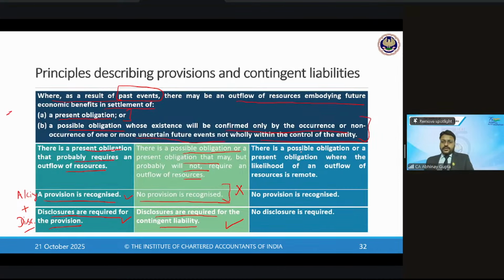And if there is a possible obligation or a present obligation where the outflow is remote, neither the accounting nor the disclosure. Now, what do you mean by the word remote? In the case of provision, we say more than 50% chances.